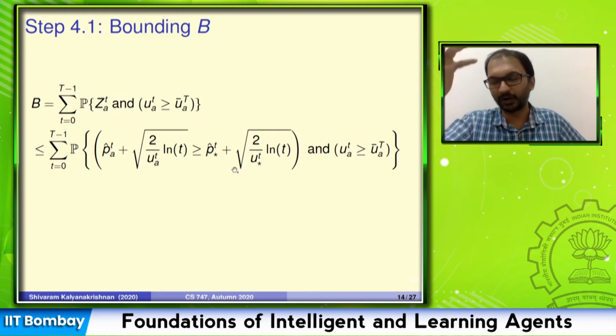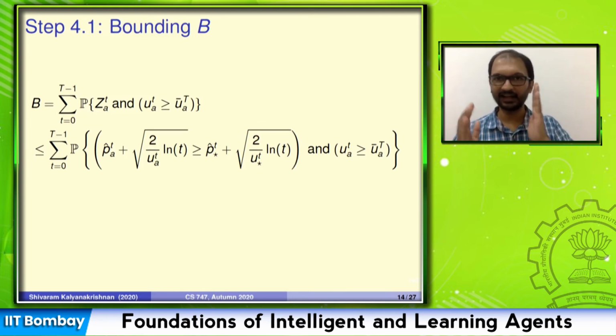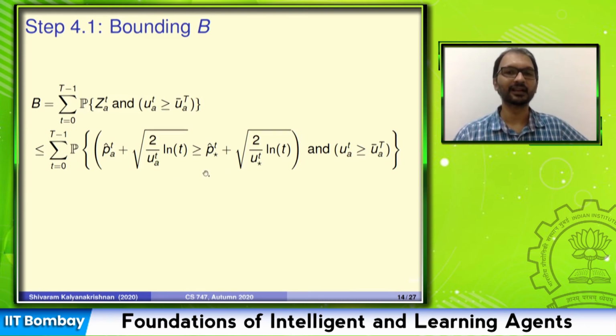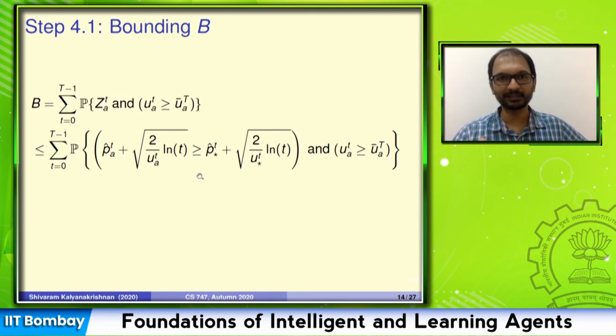In fact, it should probably have also exceeded other UCBs, but we will restrict ourselves to saying that if arm A got pulled, it had a UCB greater than or equal to that of arm star. The other part we just leave as it is for now. Because Z implies this, and if A implies B, then the probability of A is less than or equal to the probability of B. That's the fact that we are using over here.